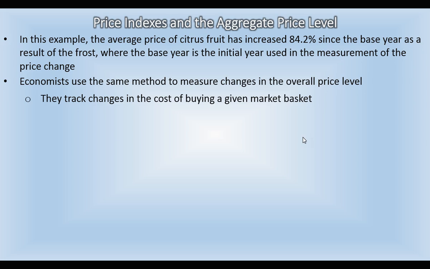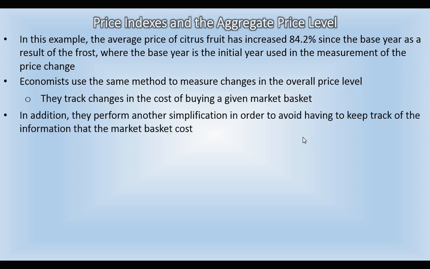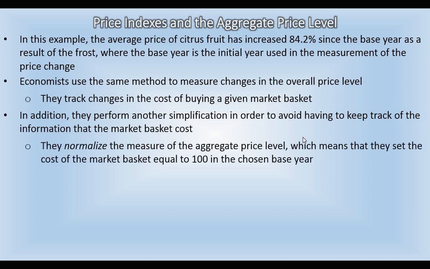They track changes in the cost of buying a given market basket that they choose. In addition, they perform another simplification in order to avoid having to keep track of the information that the market basket costs. They normalize the measure of the aggregate price level, which means that they set the cost of the market basket equal to 100 in the chosen base year.